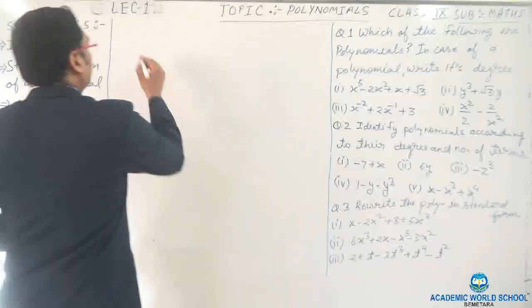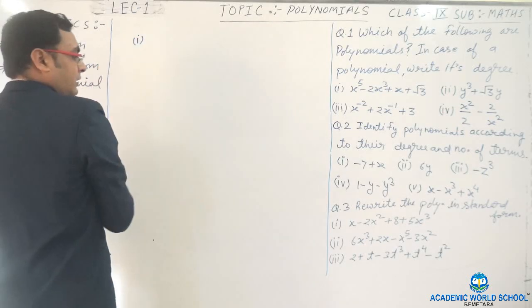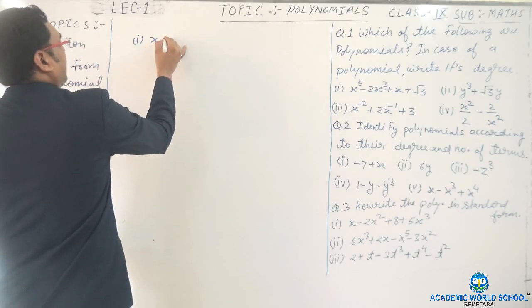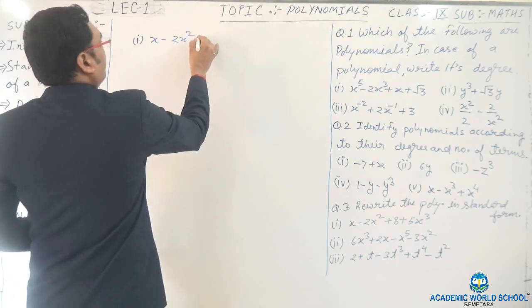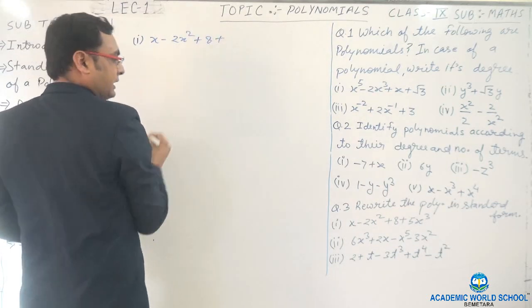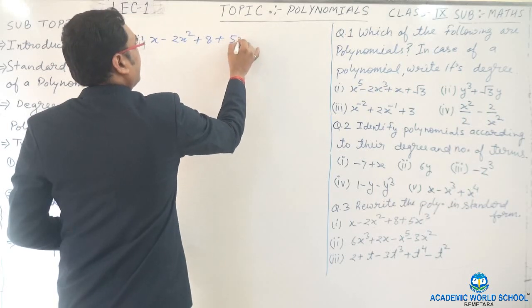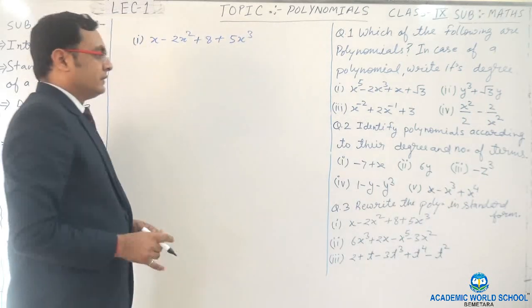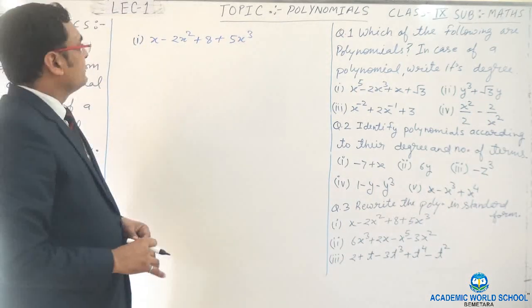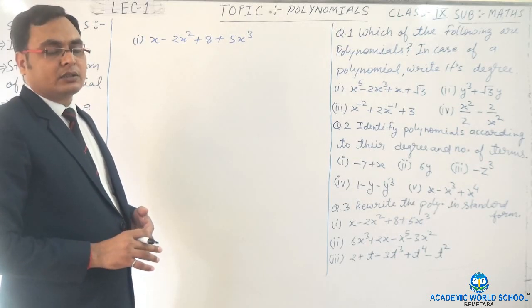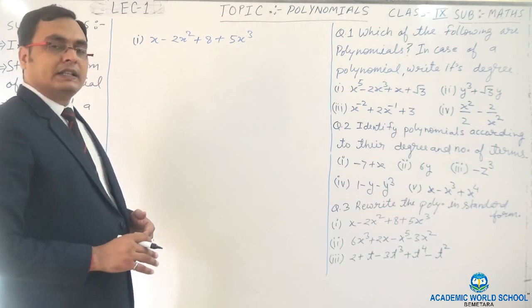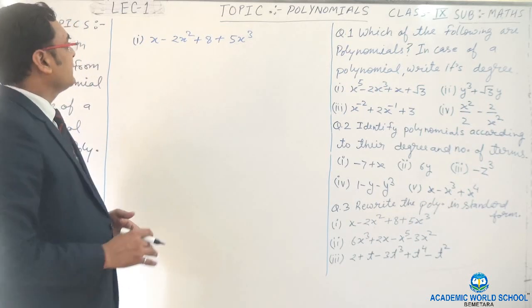Look at the first example. It is x minus 2x square plus 8 plus 5x cube. We want to write it in standard form, so write either in decreasing order of the powers of the terms or in the increasing order of the power of the terms.